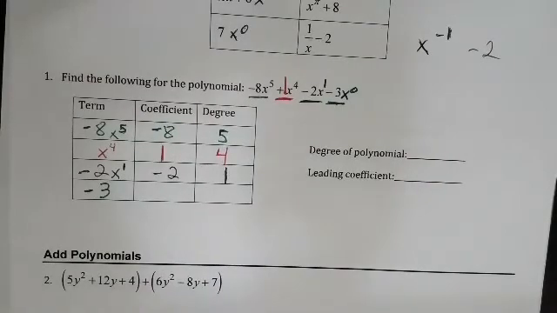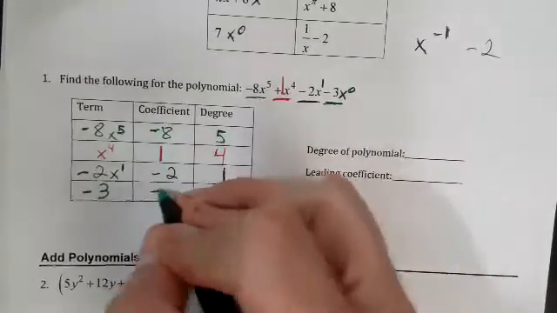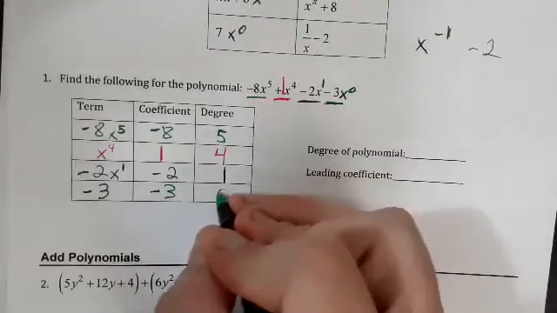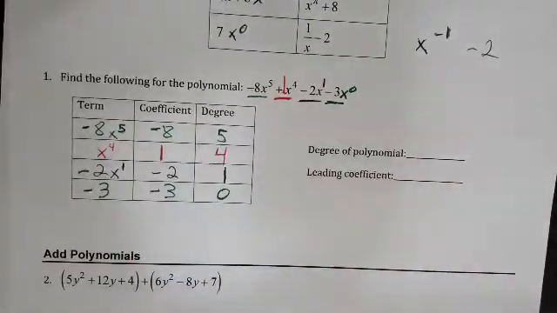My coefficient here is the minus 3. But my degree here is the thing that might be a little weird, is the 0. So if it doesn't have a variable, then we're talking about degree 0.